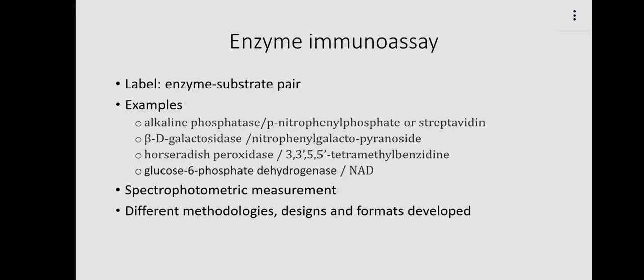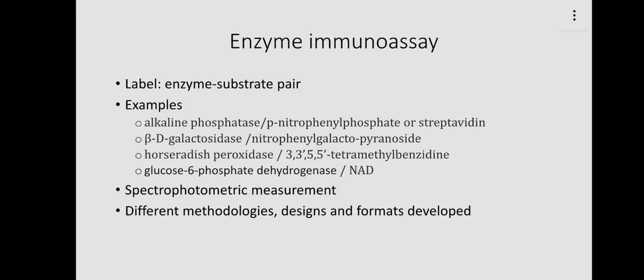The basic approach for use of an enzyme as an immunoassay label will only be appreciated by understanding that the enzyme converts a compound which we call the substrate into a product. These two, the substrate and the product, should have different properties that we are then able to quantify.